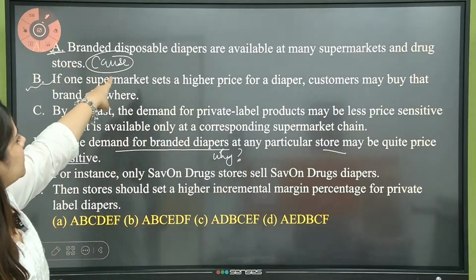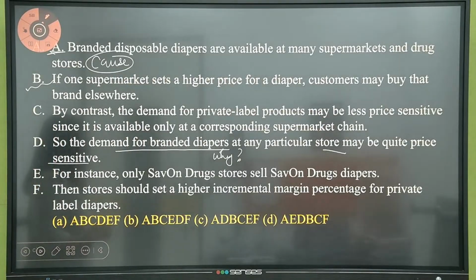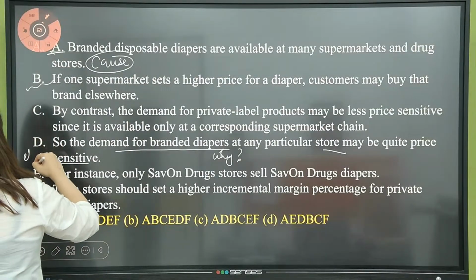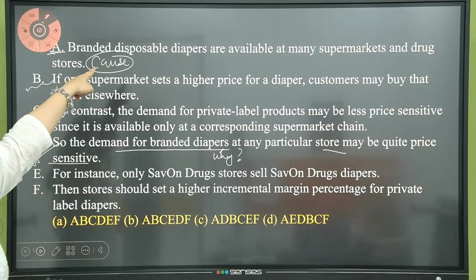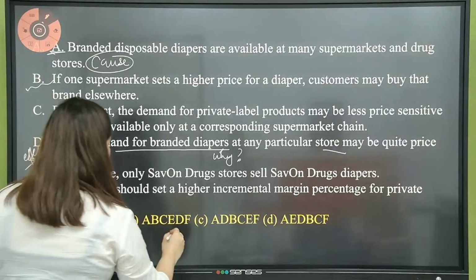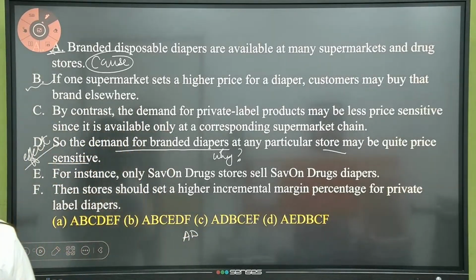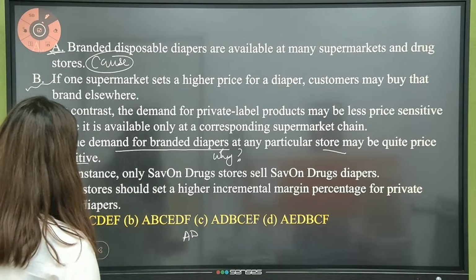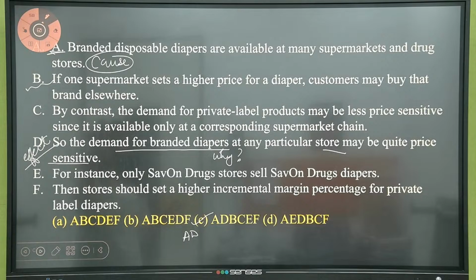Because branded disposable diapers are available at many supermarkets and drugstores. So this is the cause and this is the effect. So, A and D should come together. They form a mandatory pair. Obviously, C should be the correct answer, but still we'll read through the entire paragraph.